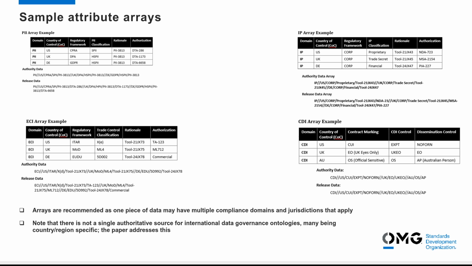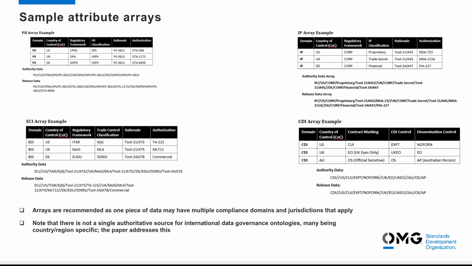And the reason we've zeroed in on attribute arrays in the paper is we don't know how many countries a particular information object might hit. And we don't know how many domains may be required, or countries may be required to reference within each domain within each information object. So as we identify, let's say, a big bucket in the information object, an attribute called PII, you've got a requirement in this example in the US under the CPRA, in the UK under the DPA, and in the EU under GDPR.